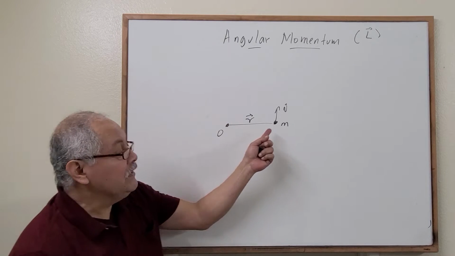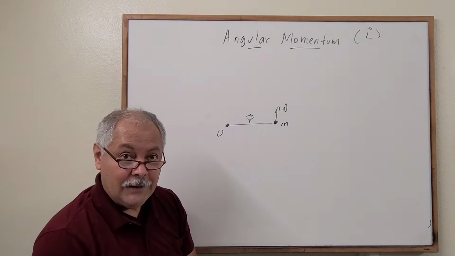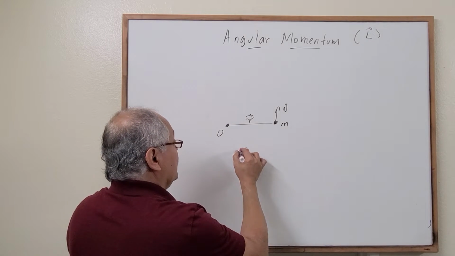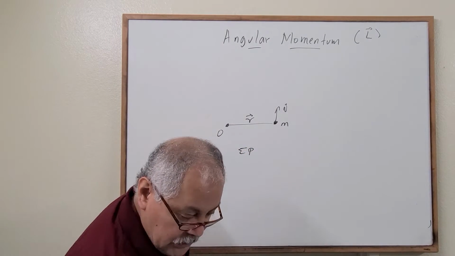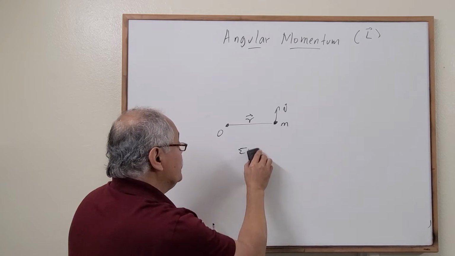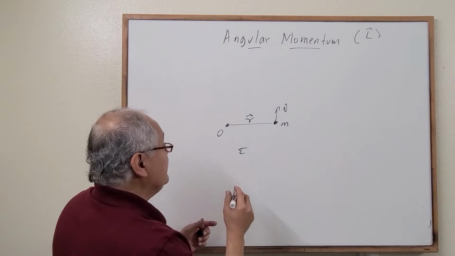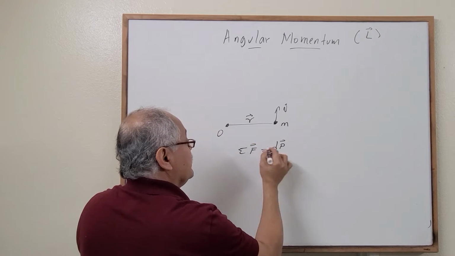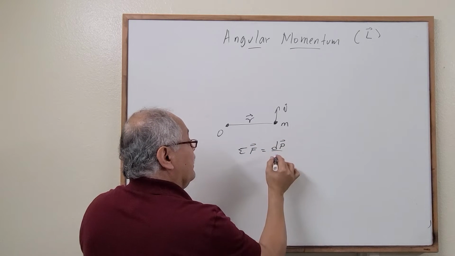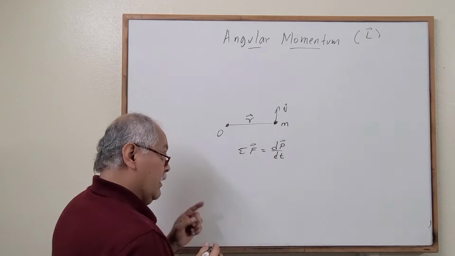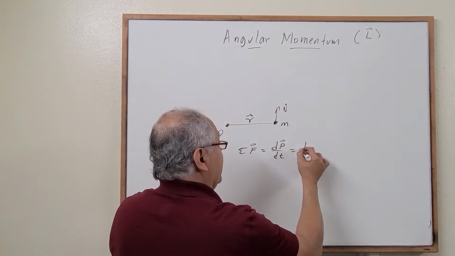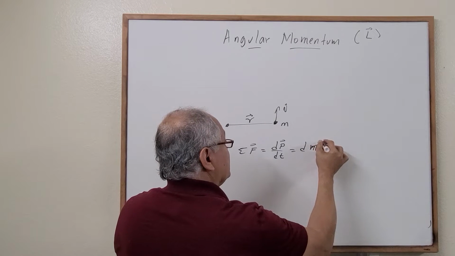Now we can relate this to a net force. The net force is found to be related to the change in the angular momentum, correct? So the net force is defined as the derivative of momentum with respect to time, and the linear momentum we know is defined as the product mass times velocity.